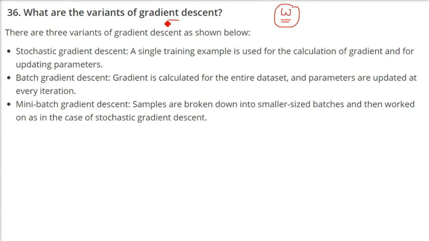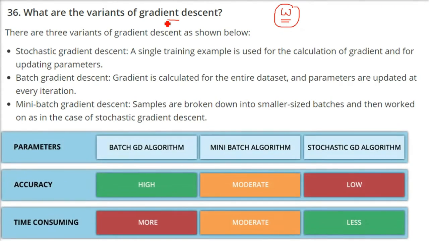So this is where the gradient descent comes into picture. So there are three variants of gradient descent: stochastic, then we have the batch gradient descent. Batch, you know the word batch means, that is, you have entire data set and then you take them in batches. So a mini batch gradient descent.